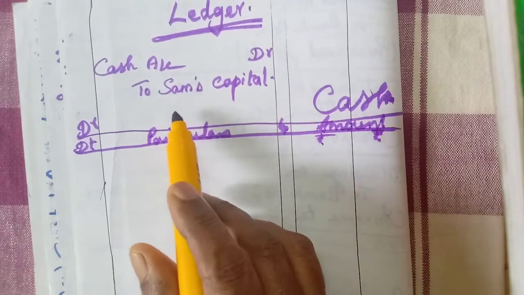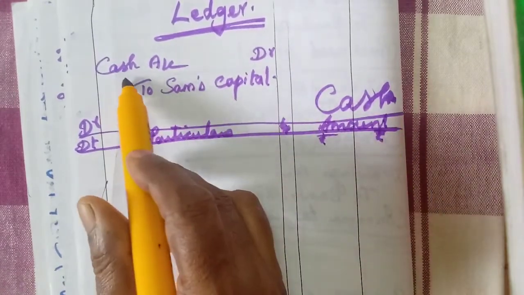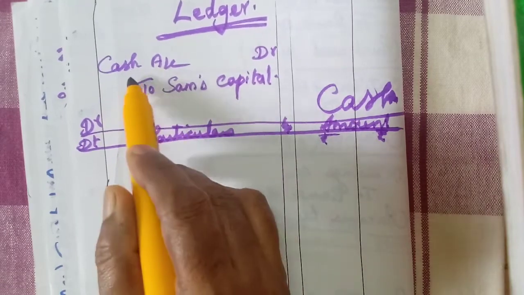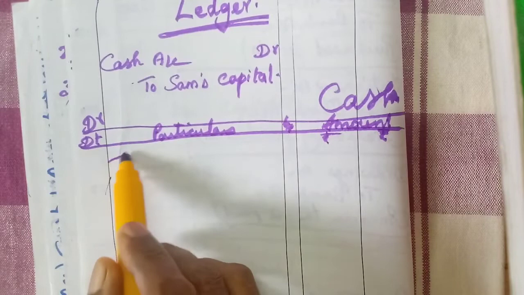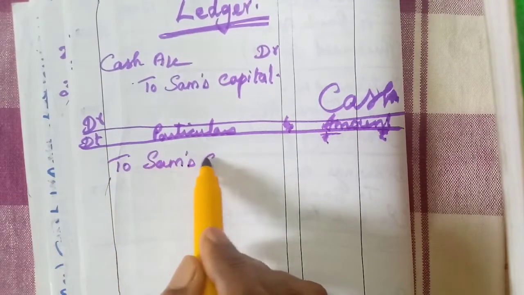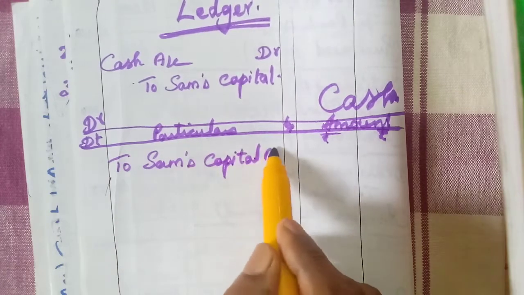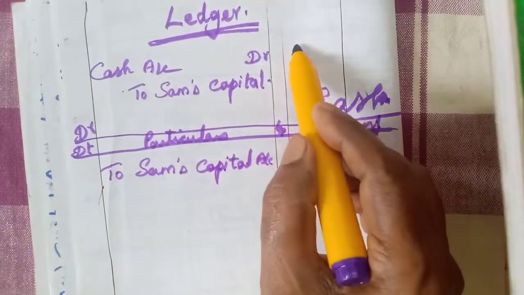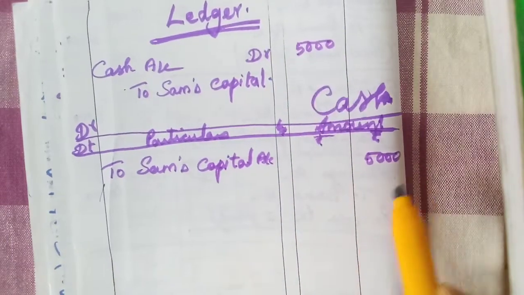Then how we will post this cash account, you have to see that. I will explain to you. Here this will appear on the debit side: to Sam's capital. If it is 5,000, we have to write in the outer column 5,000.